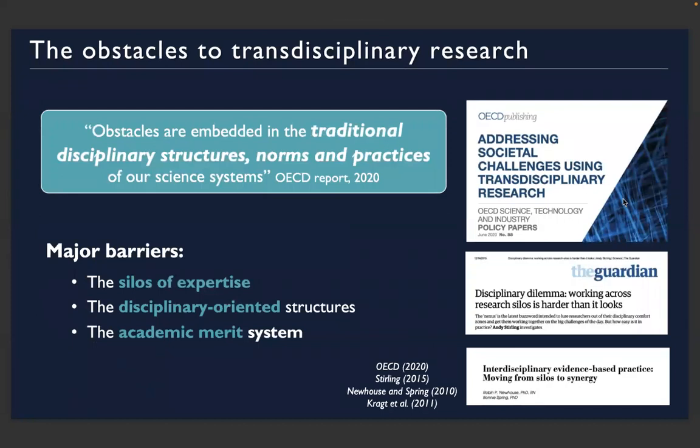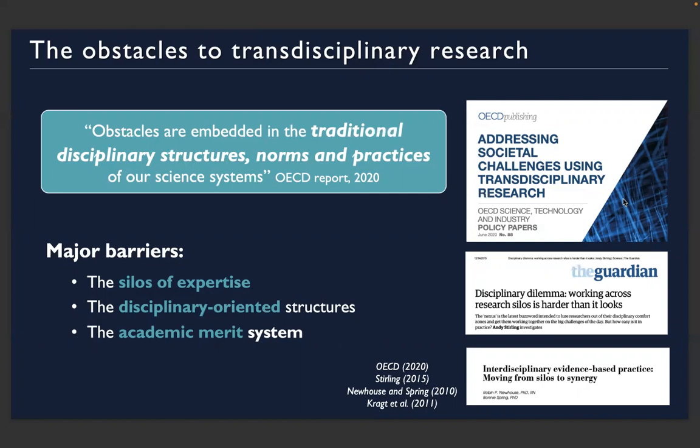In particular, there is this report of the OECD in 2020, entitled Addressing Societal Challenges Using Transdisciplinary Research. And they really say that the main obstacles to transdisciplinary research are embedded in the traditional disciplinary structures, norms, and practices of our science system. And the major barriers are the silos of expertise, the disciplinary-oriented structures, and the academic merit system.